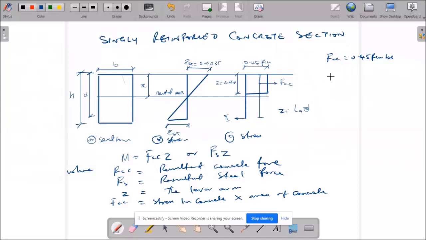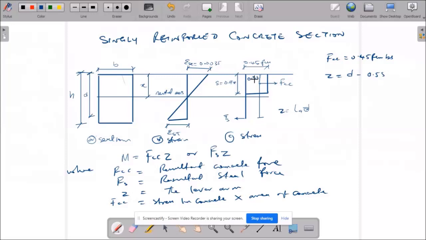And remember that Z is equal to D minus 0.5S, because it is half of this block. From here to here is half of this overall depth.